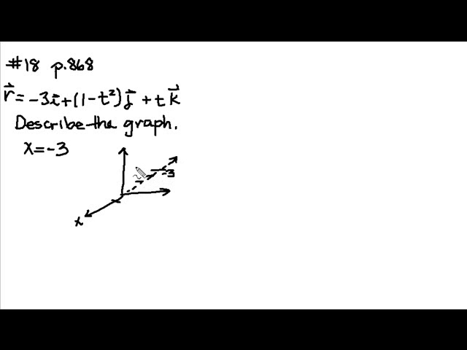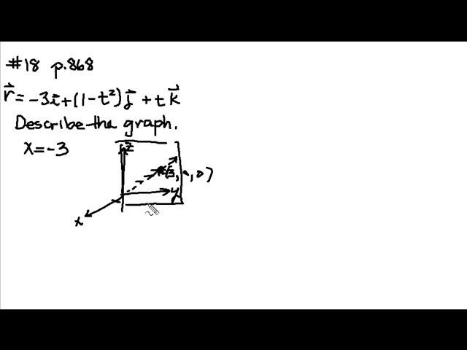If this is our x-axis and we come out, actually we want to go back to negative 3, so we're going back 3 units on our x-axis. Let's say that's negative 3. Then that means that every point on our graph is going to be 3 units behind the yz plane. So everything on our graph is going to be in this plane that cuts through the point negative 3, 0, 0. Okay, so that's back behind the axes.